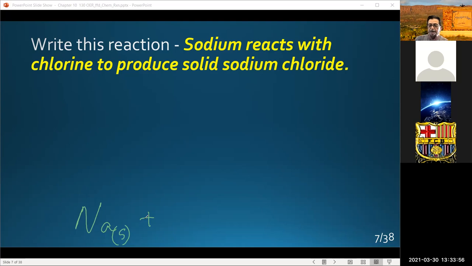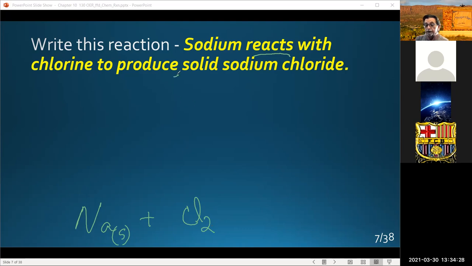Sodium reacts. The key word reacts tells us plus. So sodium reacts, which is plus, with chlorine. Now, I will put the symbol for chlorine. What do we know about chlorine? It is one of the diatomic elements, so Cl by itself would be incorrect because it's diatomic, Cl2.